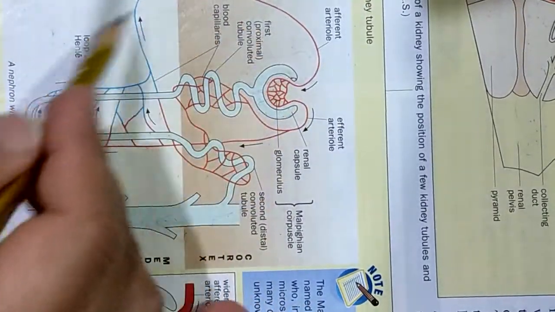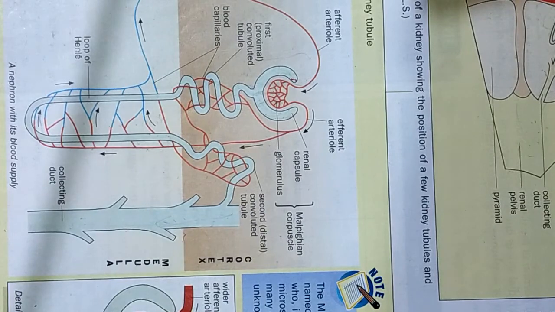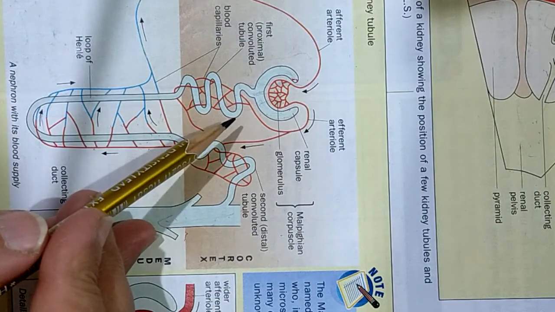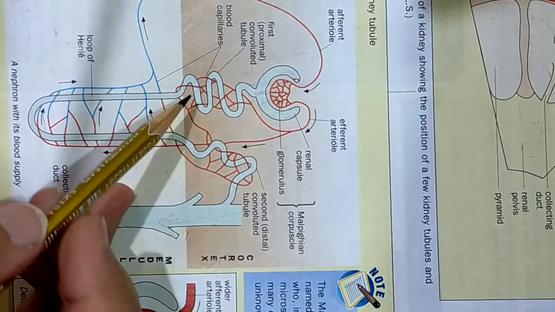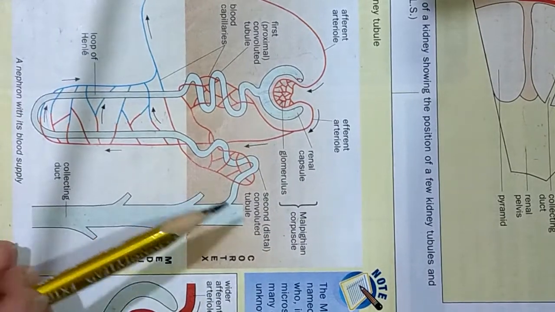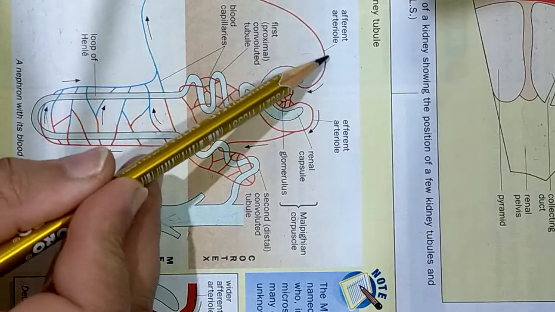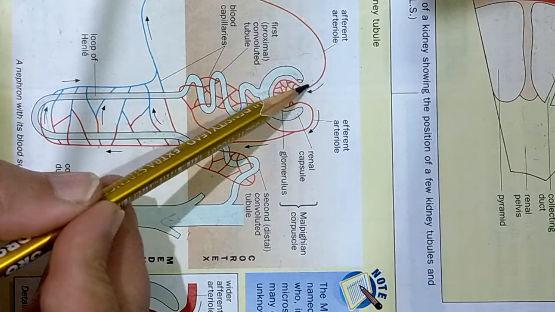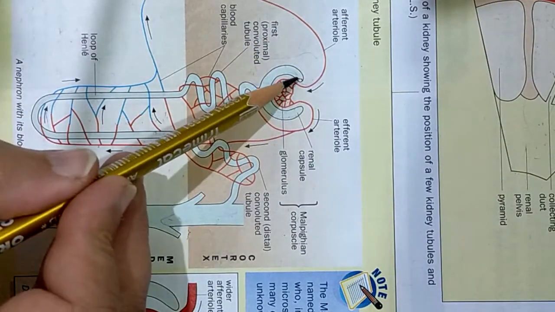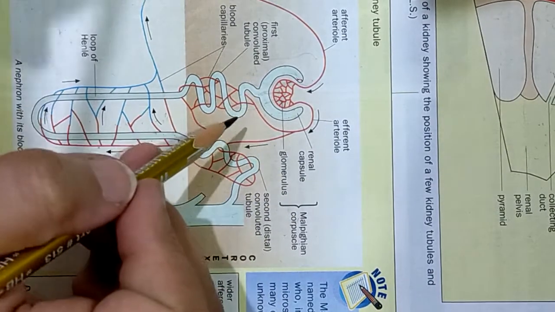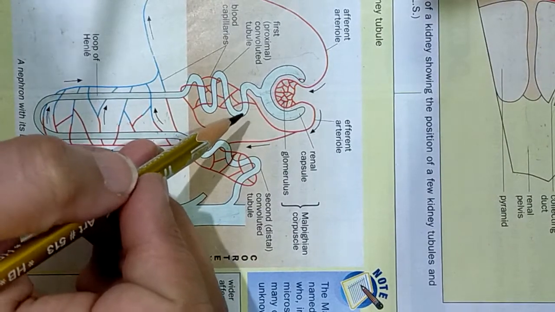So this is the internal, or you can say the main structure of the nephron, and the nephron helps in the formation of urine. One very important thing is that the pressure of blood is more in these efferent arteries. Due to the higher pressure in this vessel, the urine formation process takes place.